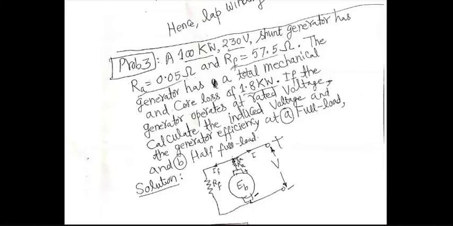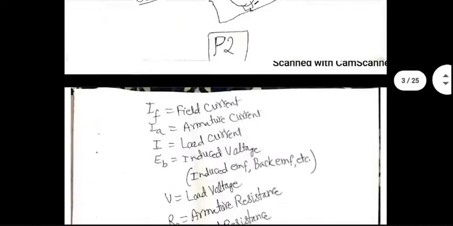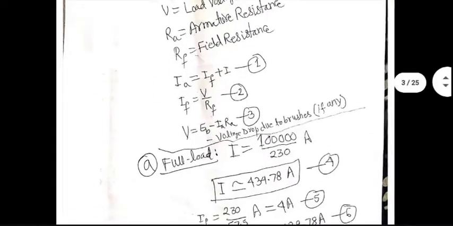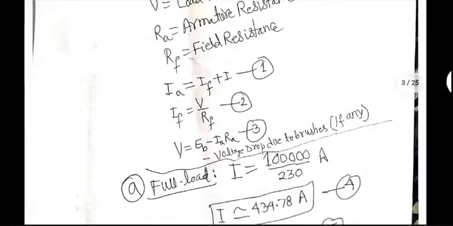Okay, it's not written here in the problem, but I have assumed that. I'm being more realistic in calculations. Fine. So, including brushes' lossy behavior, V will be EB minus IARA minus voltage drop due to brushes, if any. If there is none, then you ignore it.